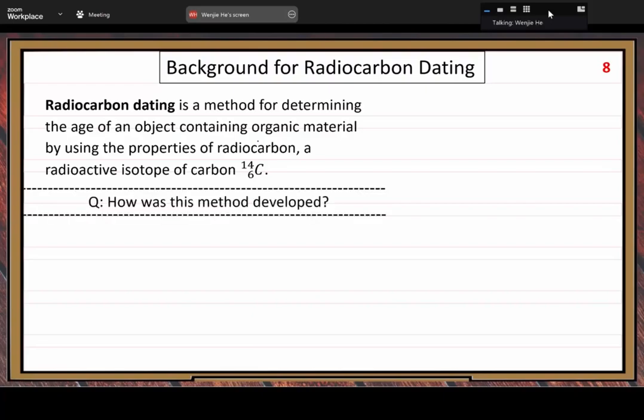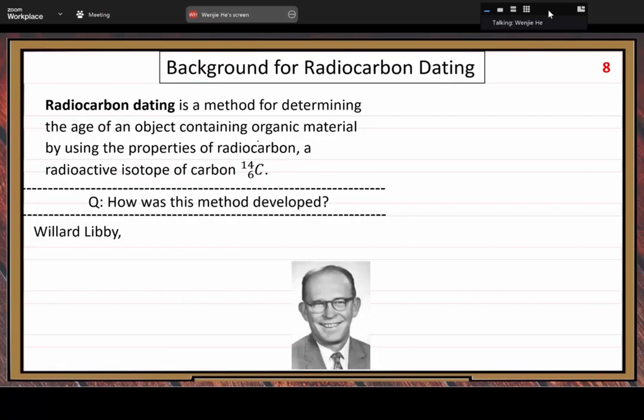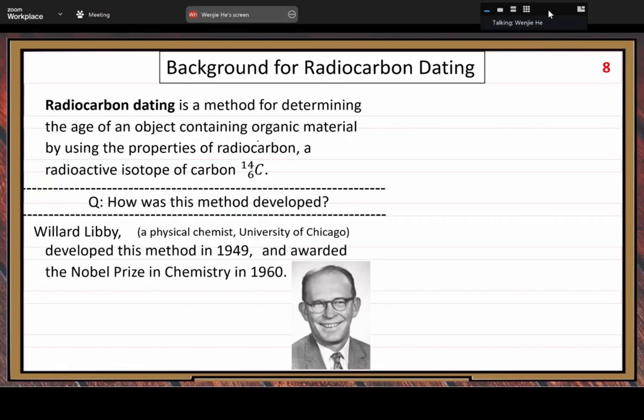The question: how was this method developed? The history of this method: Willard Libby, a physical chemist at the University of Chicago, developed this method in 1949, that early. He was awarded the Nobel Prize in Chemistry in 1960 for the contribution of this method.